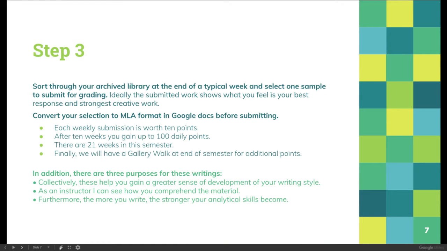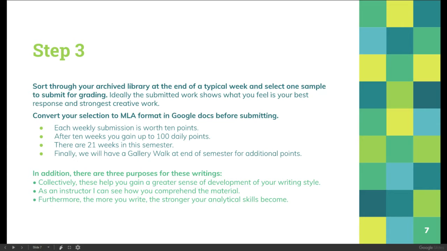This is like a personal archival library of a typical week, and you are selecting one sample of your writing that you want to be graded. Again, it is freestyle, so I'm not looking at grammar, I'm not looking at spelling. I'm looking for your ideas, the complexity of your observations, your comprehension of the material. Some of these will delve into creative writing.